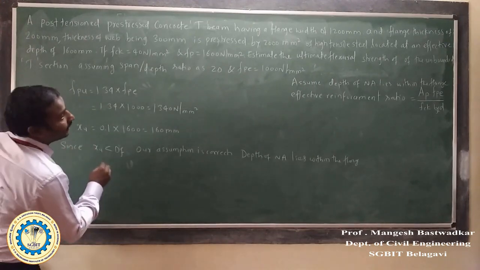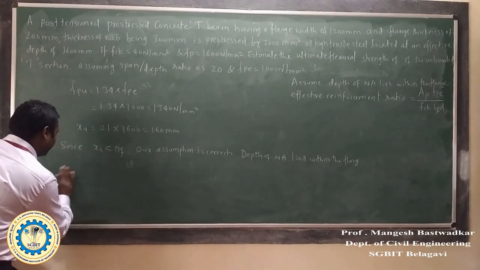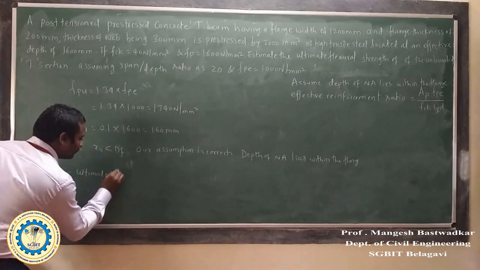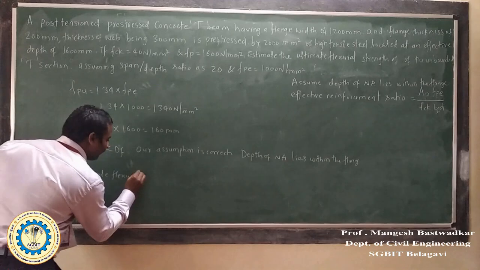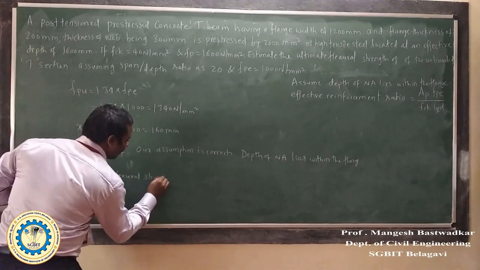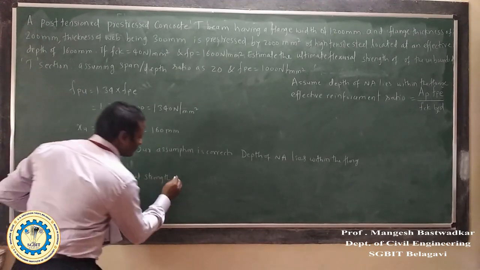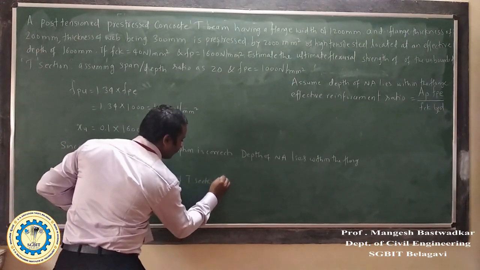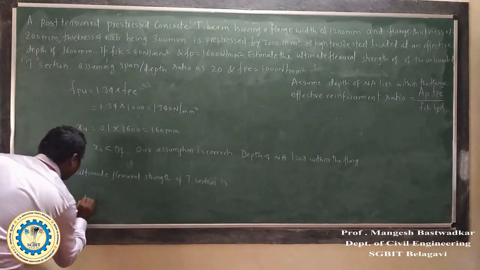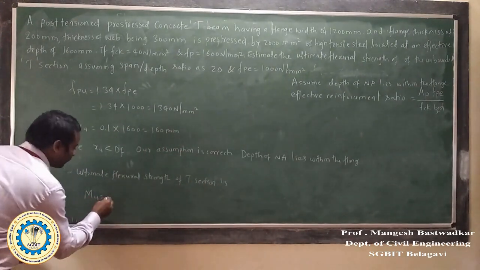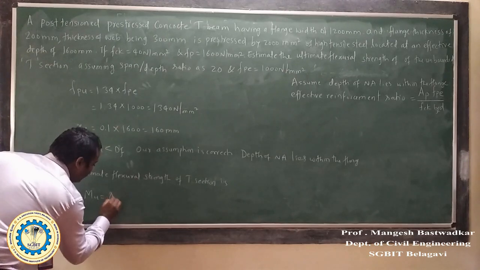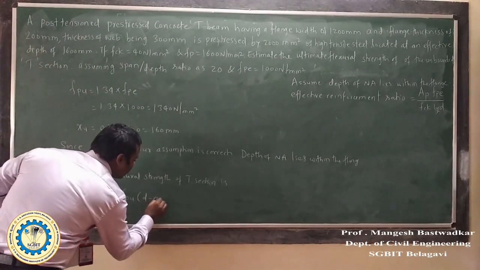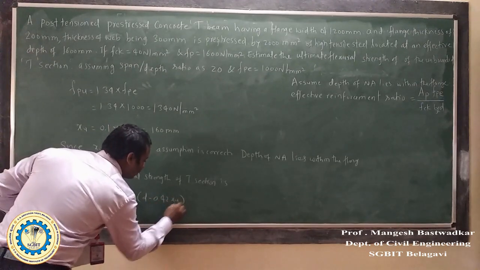Therefore, ultimate flexural strength of the P section is Mu equal to AP into FPU into D minus 0.42 XU.